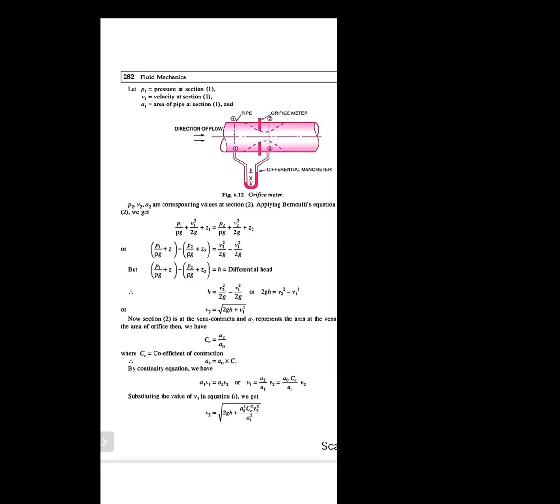From this expression we again have to calculate the discharge through the orifice meter.